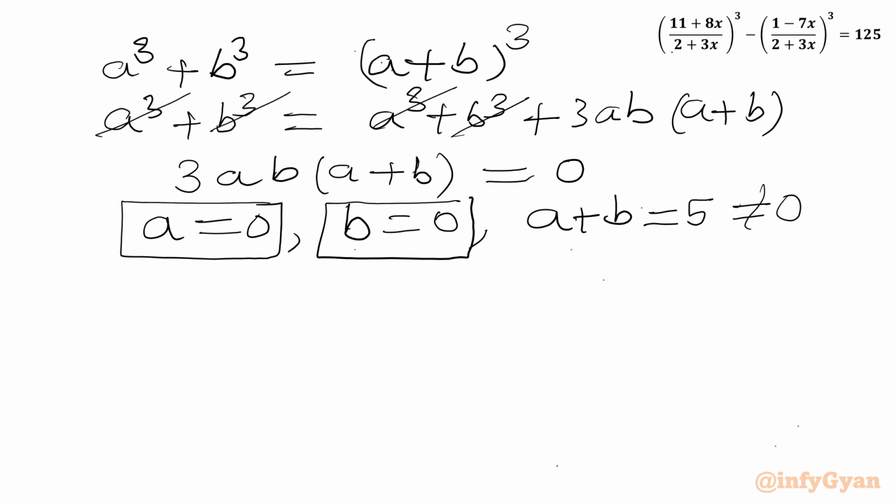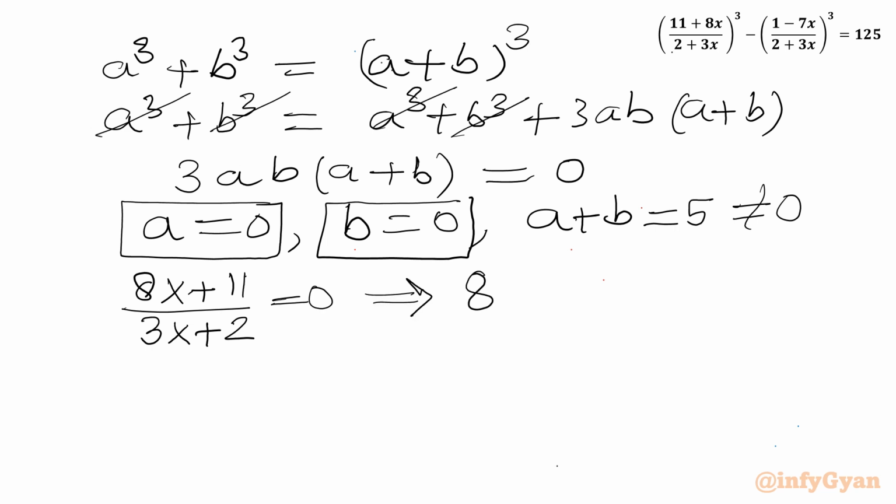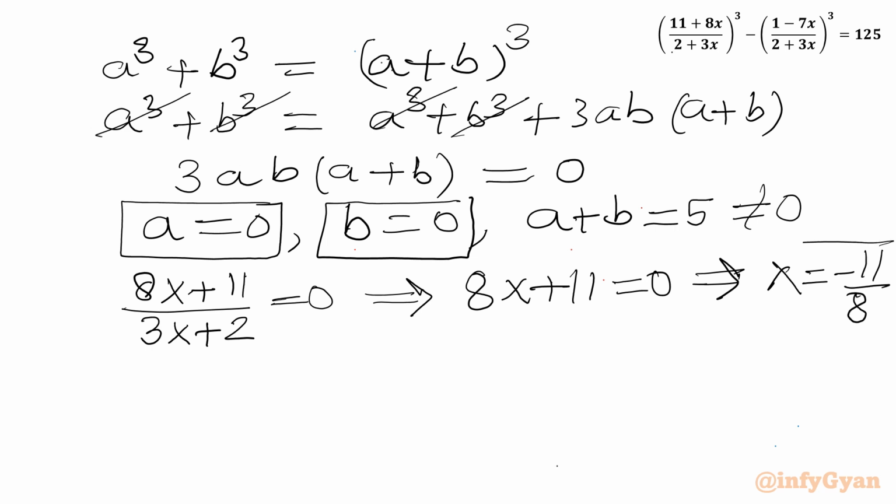So A was (8x plus 11) over (3x plus 2) equal to 0. So from here the conclusion would be 8x plus 11 will be 0. So we can write from here x will be equal to negative 11 over 8, which is our first solution.